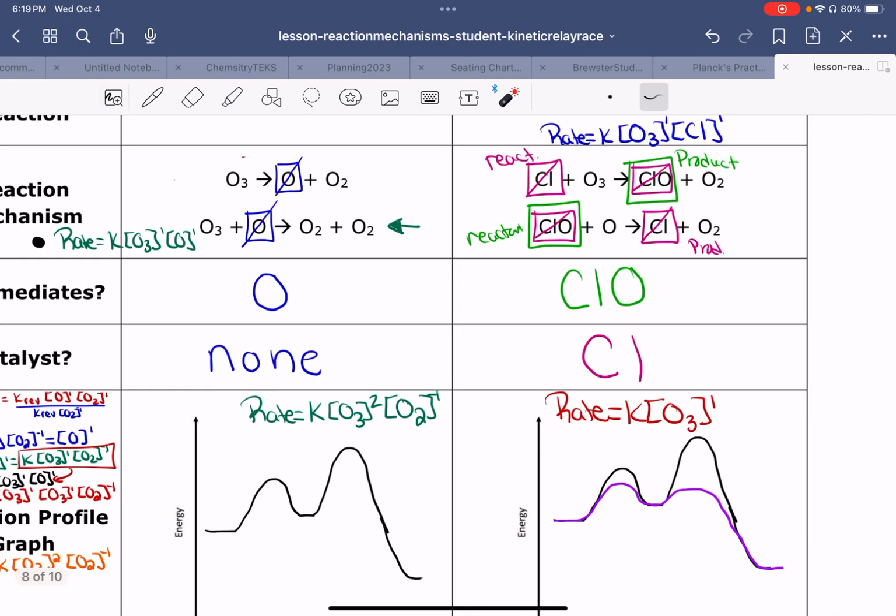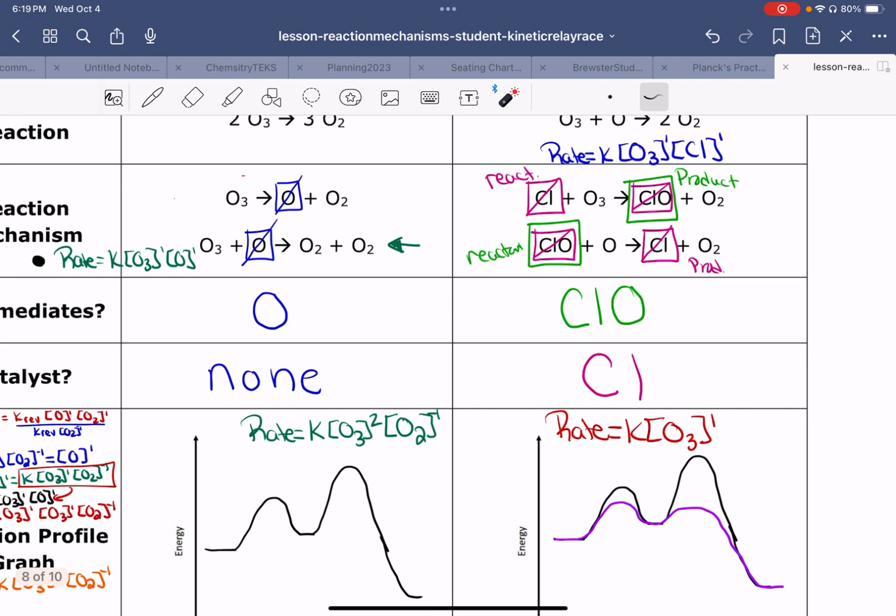Some of the things that get asked on this is, what's the proposed rate law if the first step is slow? Since I have a catalyst involved on this one, even though I haven't graphed anything, the whole point of the catalyst is to make the reaction faster.